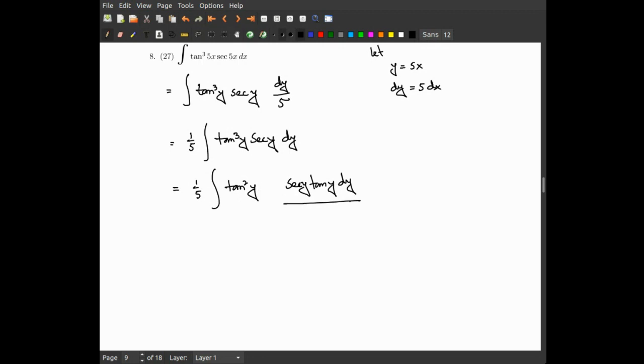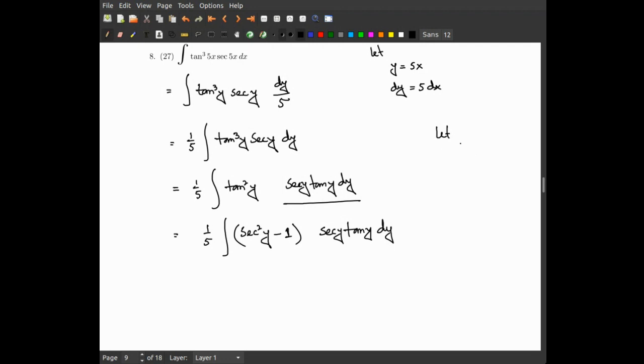Previously we changed everything into tangent, but in this strategy everything has to be changed into secant square. So this is 1 over 5, and tan square y can be written as secant square y minus 1, and the rest we don't touch: secant y, tangent y, and dy.